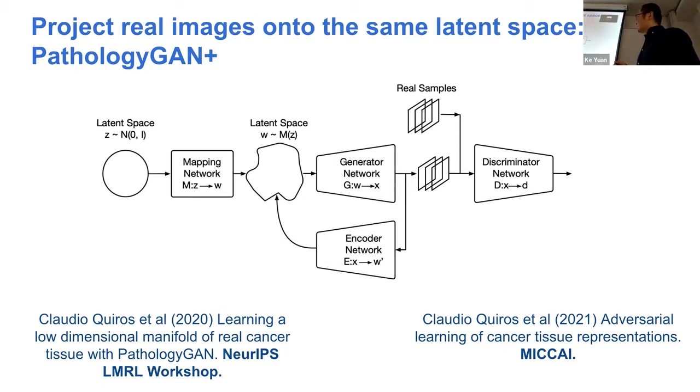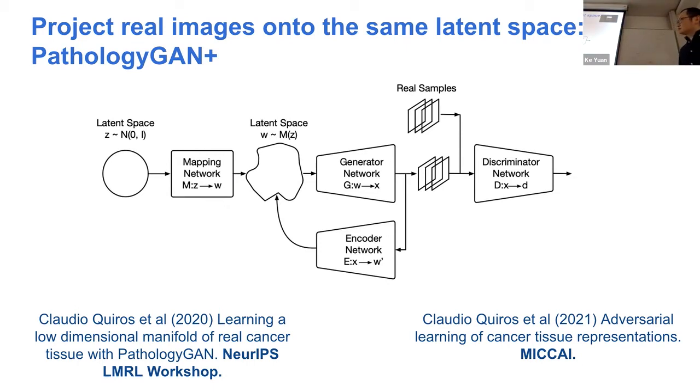So what we did for Pathology GAN Plus is to essentially just add an encoder, to allow the training to give us an encoder to project real images back to this latent space so that we can make assessments about real images. There's nothing too fancy here. This will not really change how the generator, discriminator and the mapping network are changed if you do that.